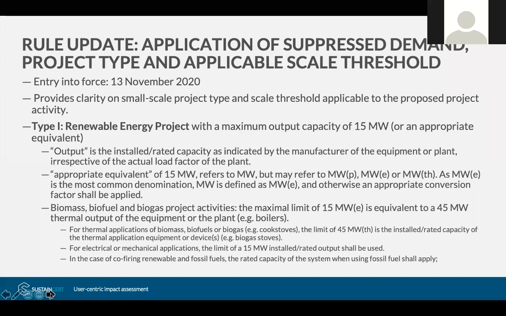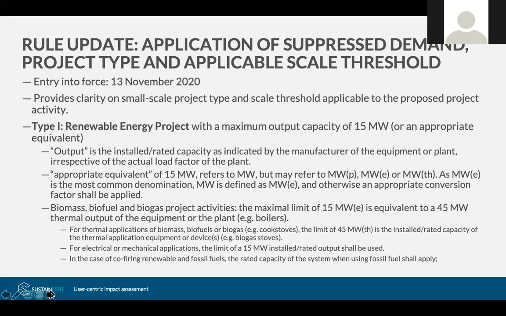Output here is basically defined as the installed or the rated capacity, which is given by the manufacturer of the technology or of that equipment, irrespective of the actual load factor of the plant, meaning that the installed or rated capacity of any renewable energy generating unit that involves turbine generator systems shall be based on this specific installed or rated capacity.